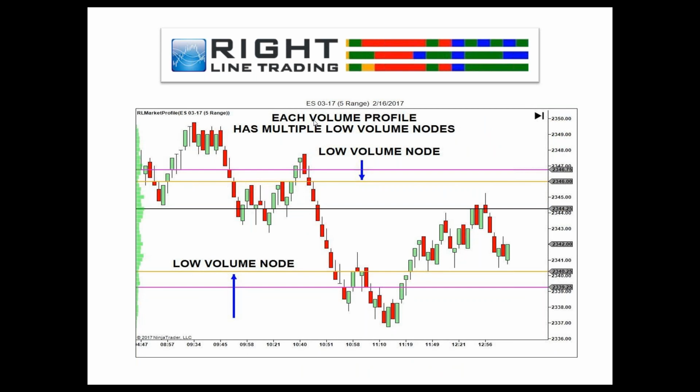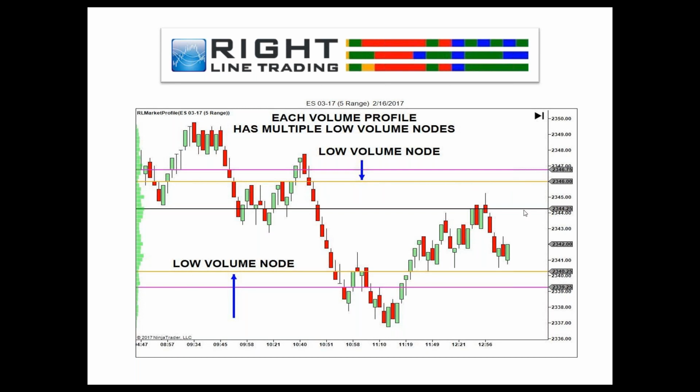Now, besides the value area high, value area low, and point of control, there are also critical low volume nodes. And these really also make a huge difference. Whereas the point of control is the price where most traders want this financial instrument to trade, the low volume nodes are areas where almost no volume at price is crossed at all.